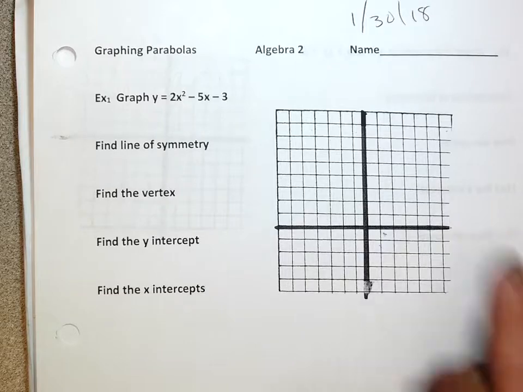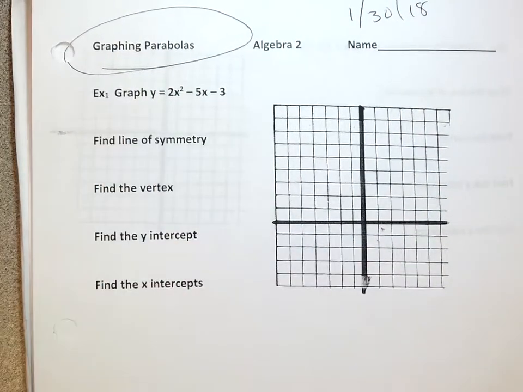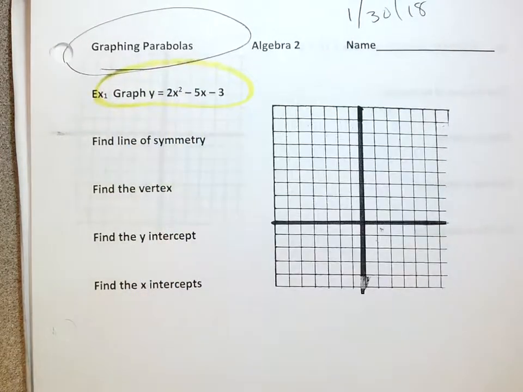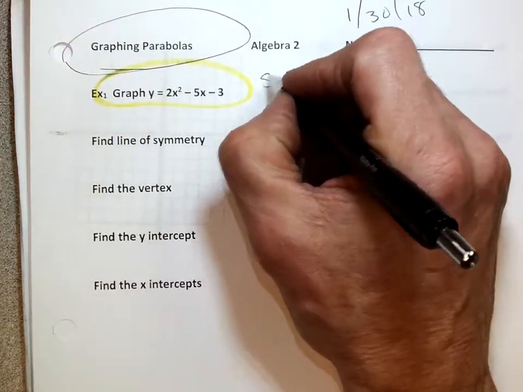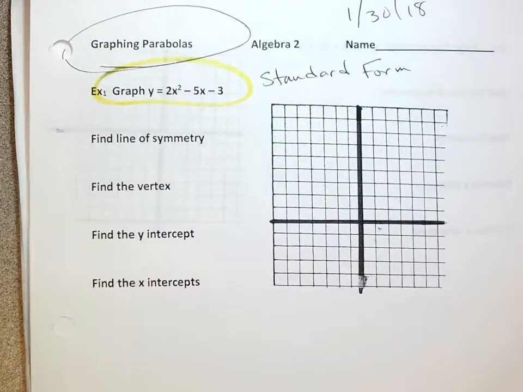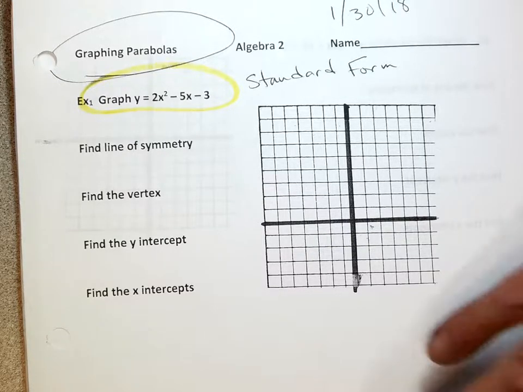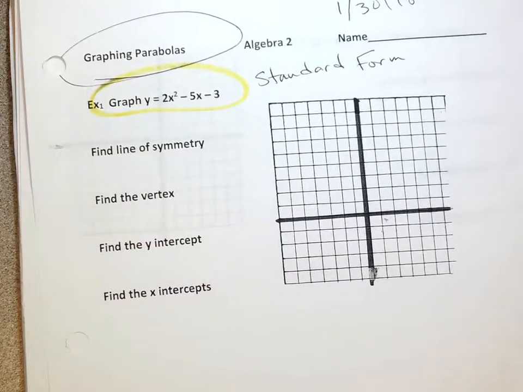So all we're going to be doing today is just graphing parabolas. And if you take a look, example 1 is in standard form. Let me flip it over real quick.